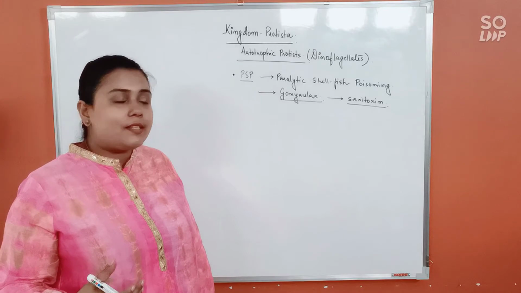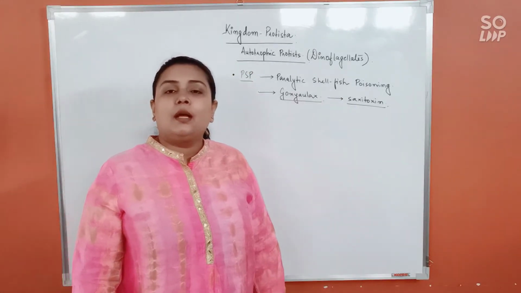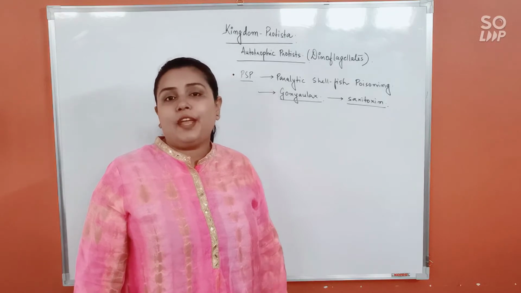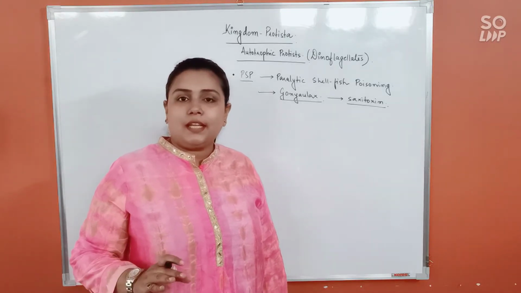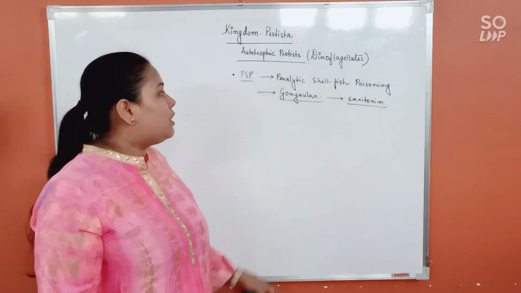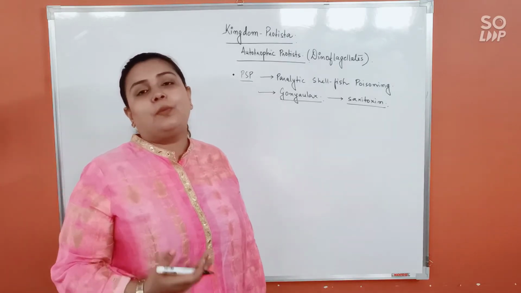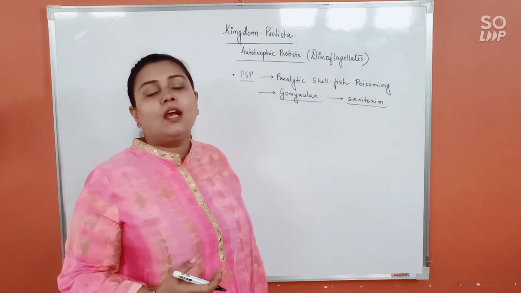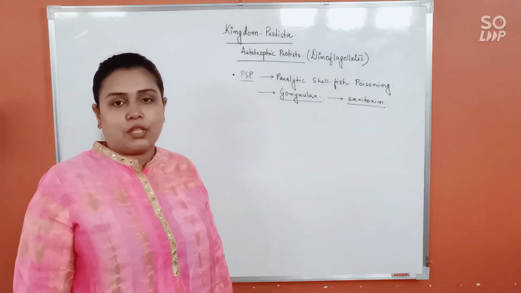In that case, saxitoxin will enter the shellfish, but saxitoxin does not affect the shellfish negatively, so they can easily digest or assimilate it. But suppose a human being consumes a shellfish containing saxitoxin.